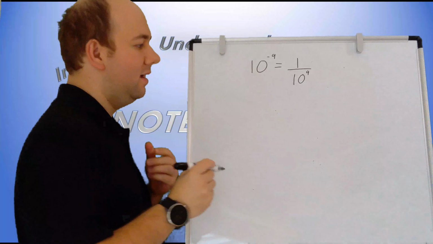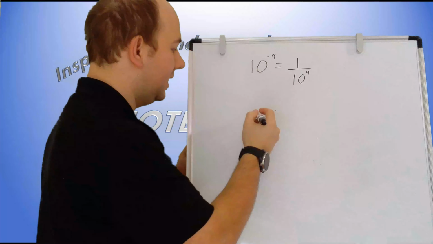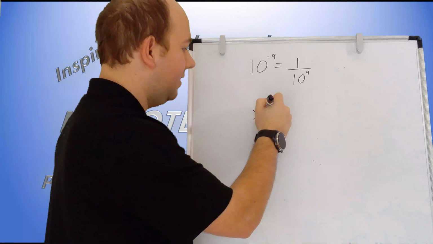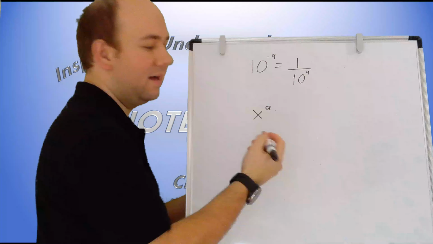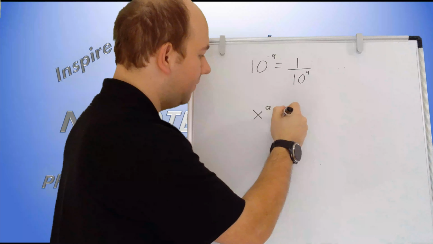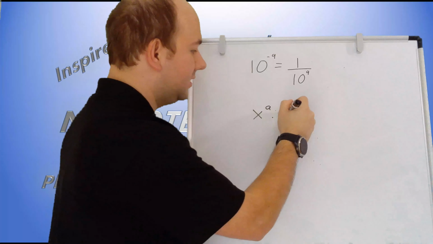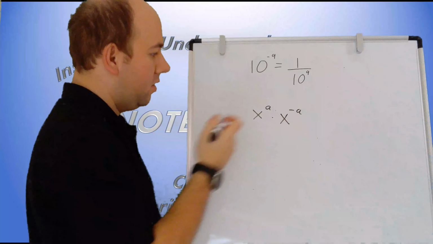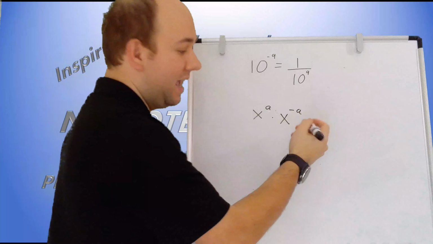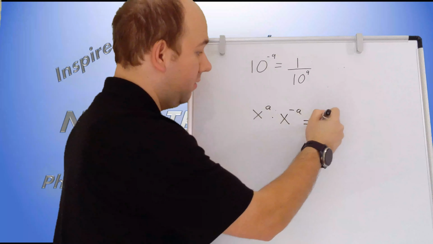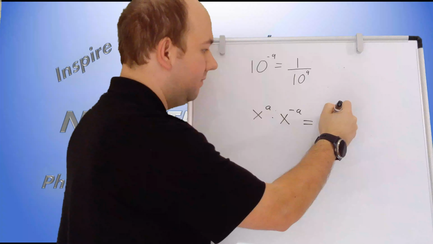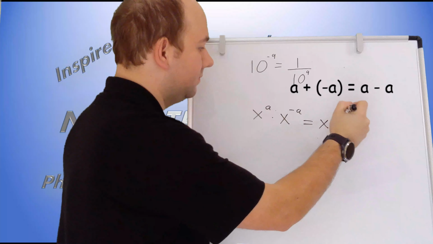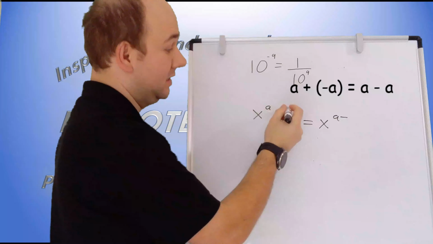If I had a value of, let's say, x to the a, and I'm going to multiply that by x to the minus a, we can sum these exponents together, so we have x to the a minus a, because this is a minus it dominates.